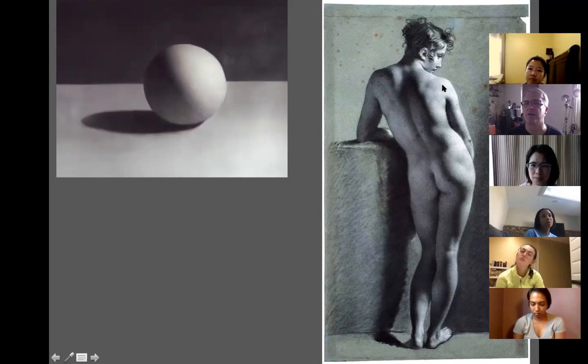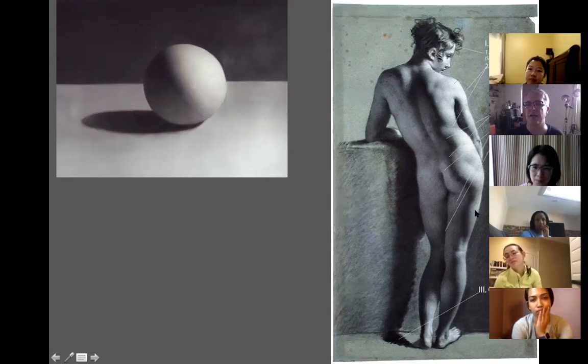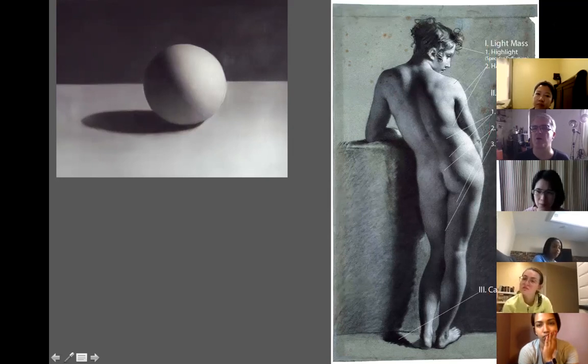We have highlights on the form, highlight here on the hair. We have the cast shadow. We have occlusion shadows, where there's almost no light at all. So those basic elements of light and shadow occur on forms no matter how complicated the forms are.